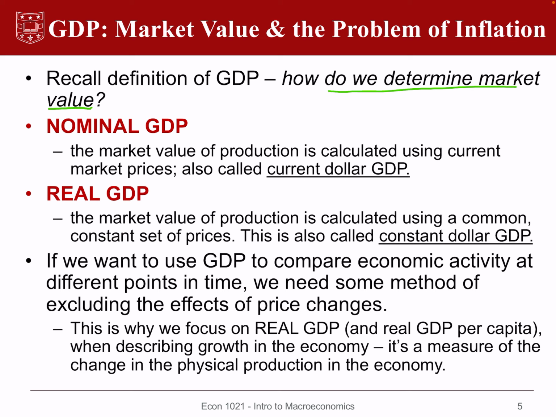Well, in order to do that, we need to have some method of excluding the effects of price changes over the years that we're looking at. And so this is why we focus on real GDP, and by extension, real GDP per capita. If we see increases in real GDP or real GDP per capita, then we can confidently say that we have improvements in the overall productive capacity of the economy.